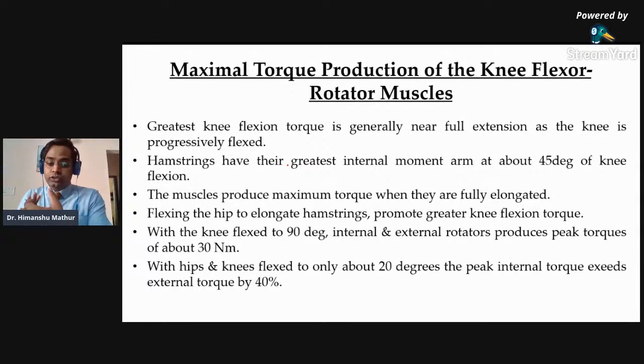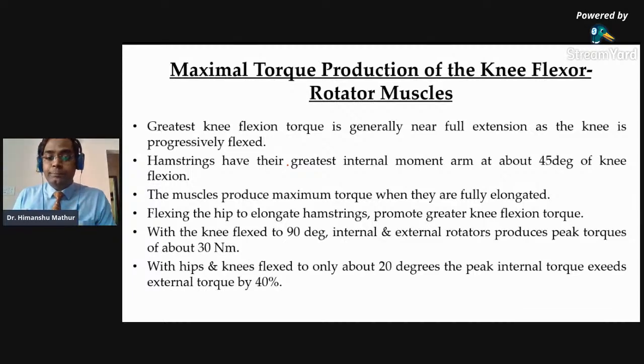It can rotate externally and internally by virtue of biceps femoris, semimembranosus, semitendinosus, and to some extent sartorius. So it is saying that whenever the knee is at 90 degrees of flexion, maximum torque is generated by the internal and external rotators of the tibia, and that is about 30 Newton meter.